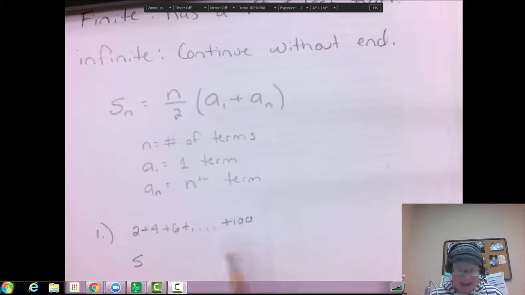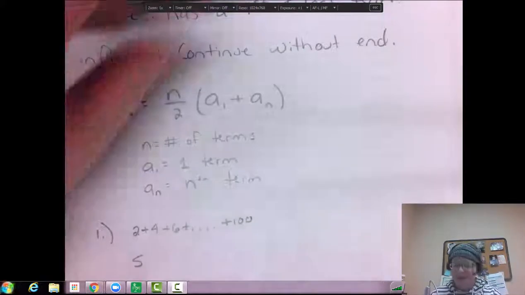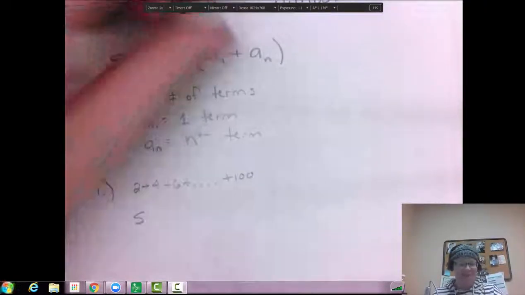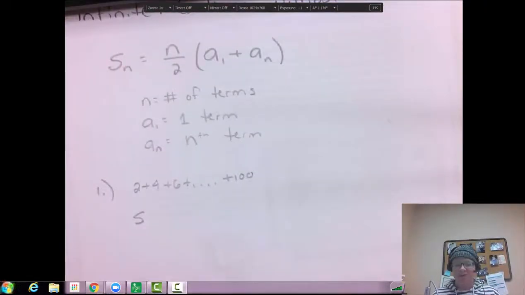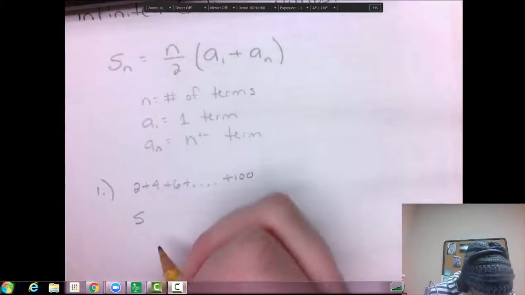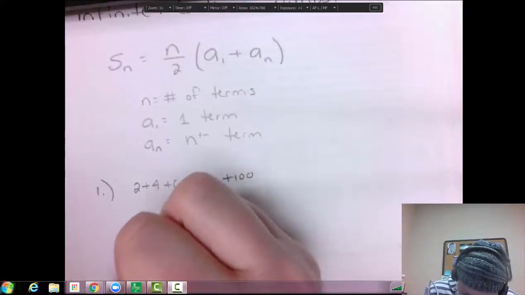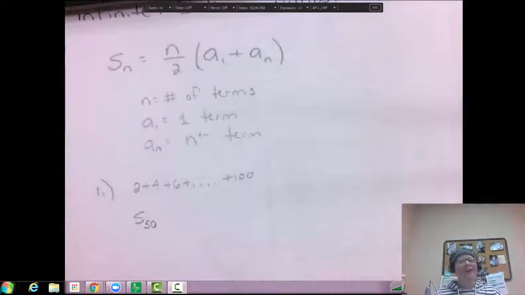We take the 100 and divide by that common difference, which gives 50, because 100 divided by 2, going up by 2's, is 50. So n is 50. How many terms you have can be the tricky part, and I'll show you one that's a little different.